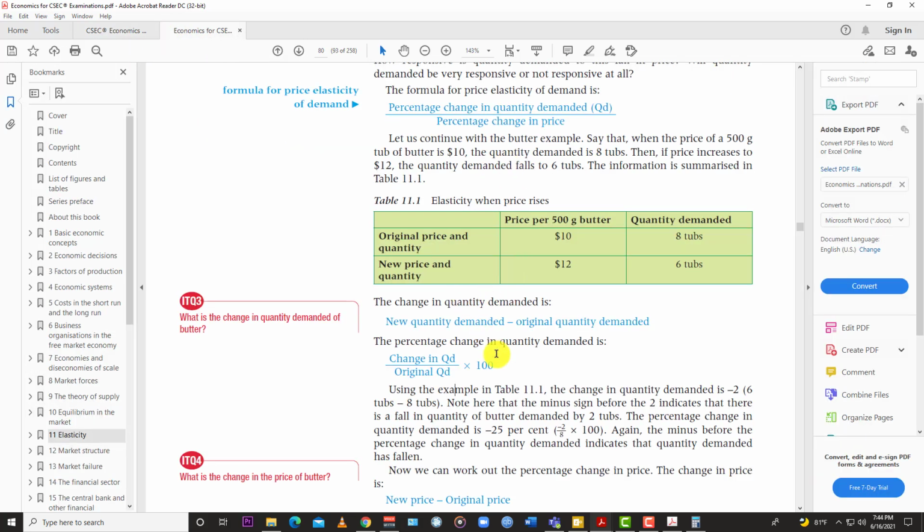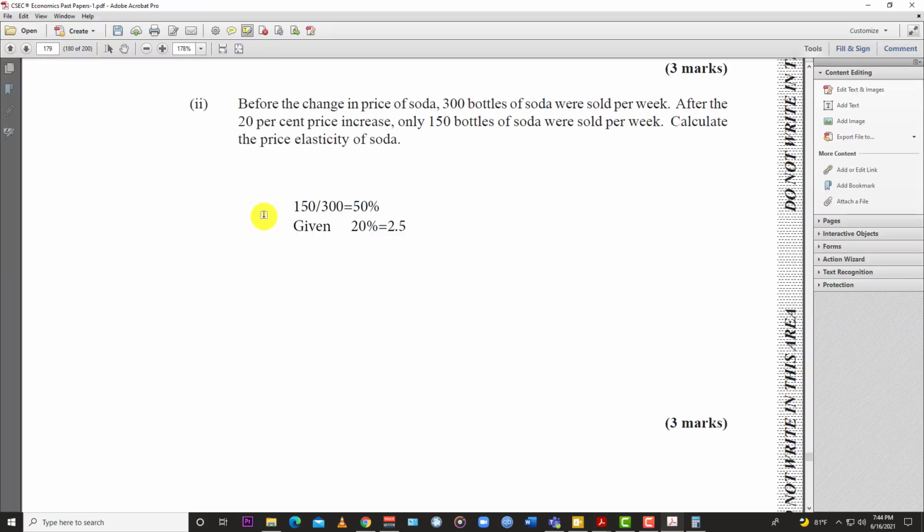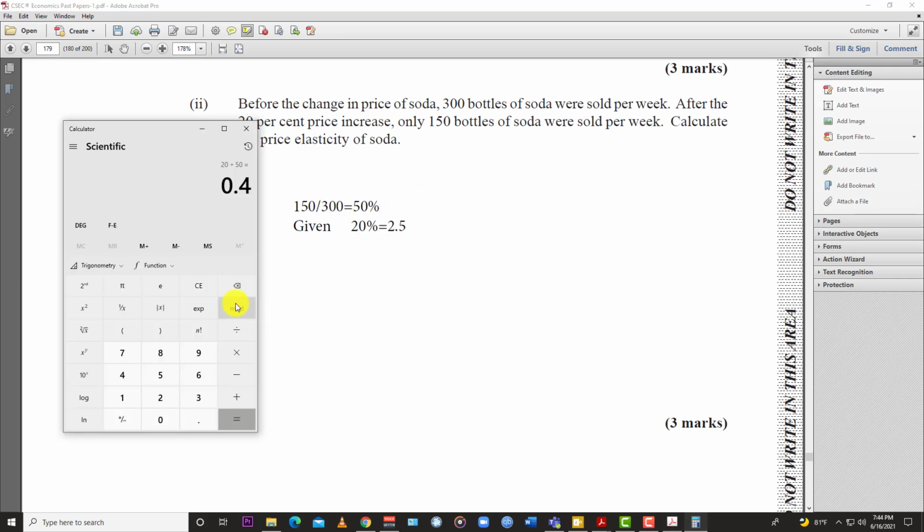What we have to go through the math for now is the percentage change in quantity demanded. So you take the change in the quantity demanded, which is 150, and you put that over the original quantity demanded, which is 300. Let's do that math quickly.